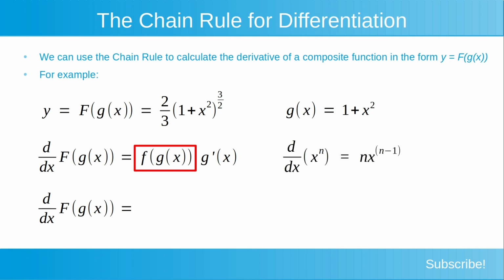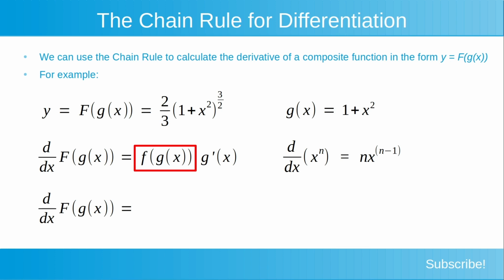For this example, our power, our value of n, is equal to 3 over 2. So according to our power rule for differentiation, we want to multiply by the power, so we're going to multiply by 3 over 2. And then we want to subtract 1 from the power.